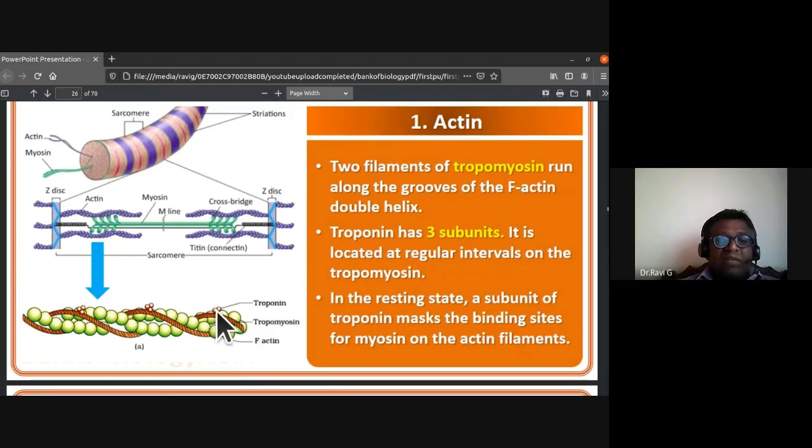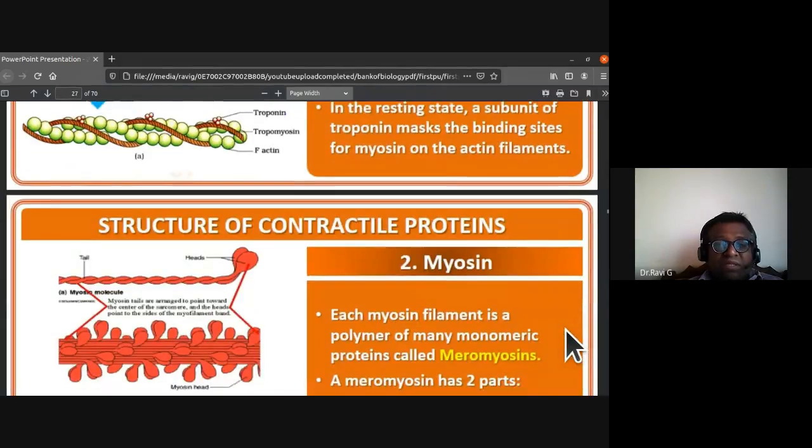Troponin has three subunits. They are located at regular intervals on the tropomyosin. In the resting state, a subunit of troponin may mask the binding sites for myosin on the actin filaments.